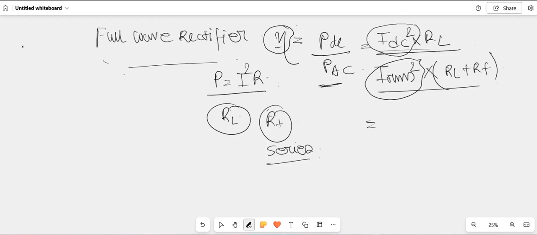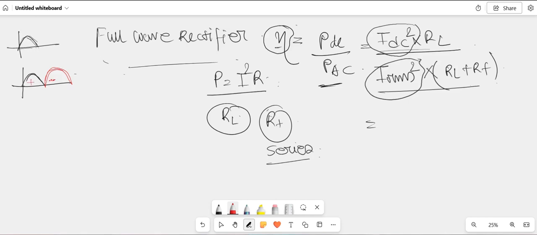Now in the half wave rectifier, we have seen the total time period was 2 pi, and the output was somewhat like this if we consider the positive half cycle only. But in the full wave rectifier, for the positive half cycle we will get this output, as well as for the negative half cycle we will get this output.